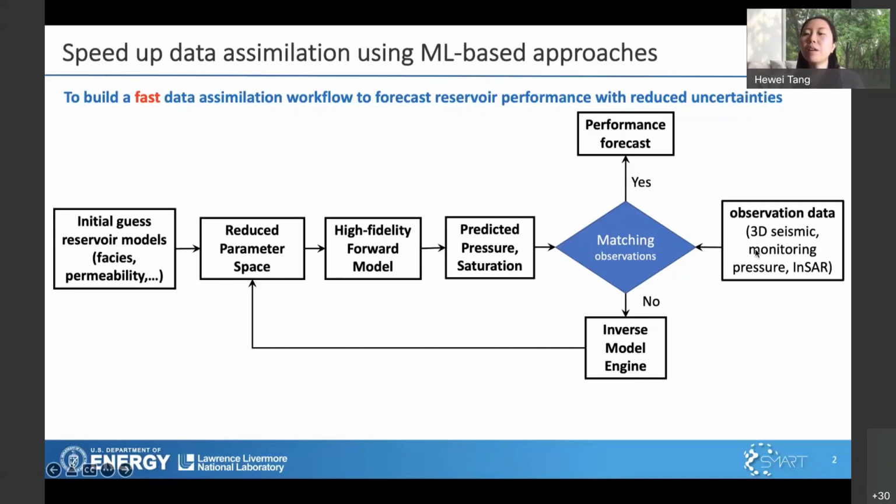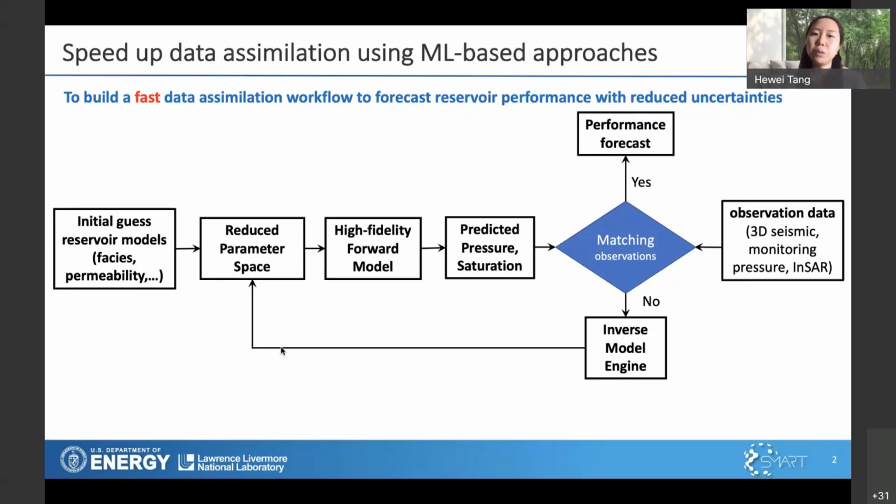Then we compare with our observation data, usually acquired from 3D seismic or monitoring pressure, or in this case, InSAR. We see whether our predictions match the observation well within a specific tolerance. If it matches well, we go ahead to performance forecasting. If not, we need to use an inverse model engine to help us update our parameter space. It's an iterative process and very computationally intensive.